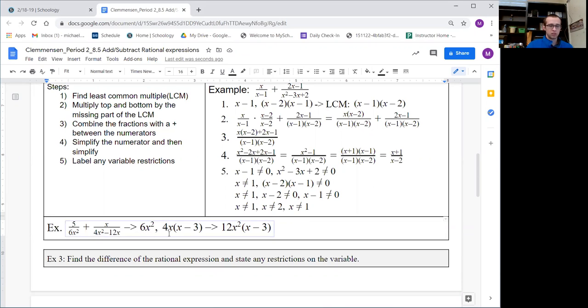You can also think of this 6 as 3 times 2. And this 4, just like we did earlier, as 2 times 2, also known as 2 squared.